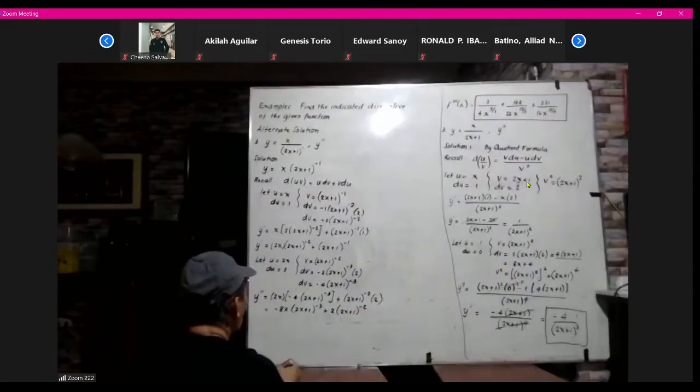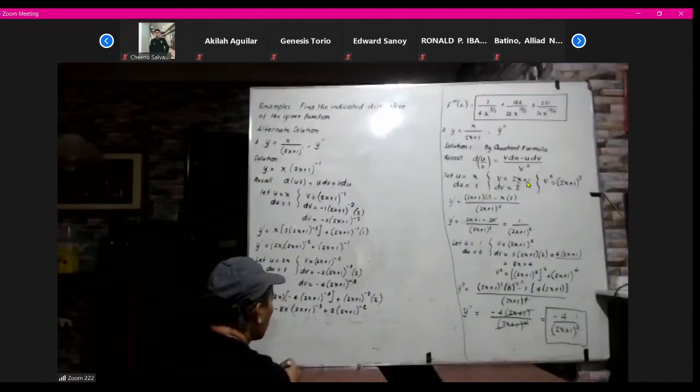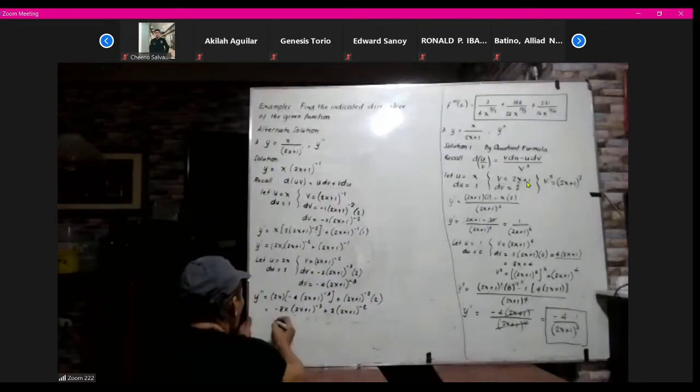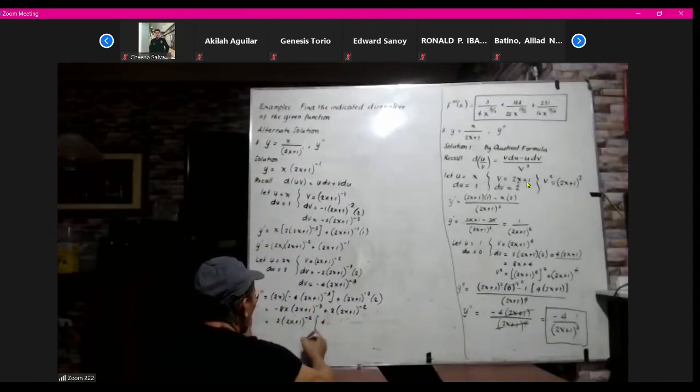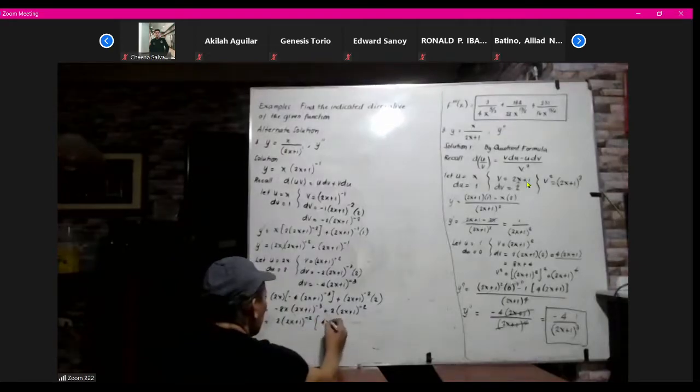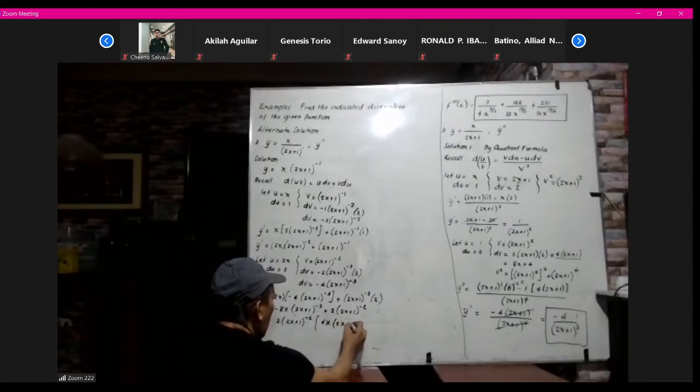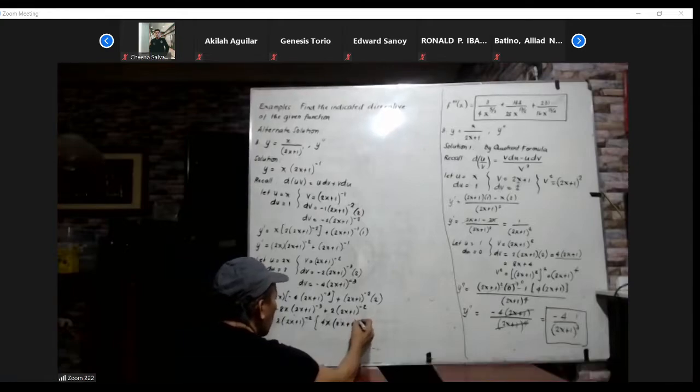Okay. So, ang gagawin natin, i-factor natin. Ito, that is equal to 2 times 2x plus 1 raised to negative 2 multiplied now by negative 4x, plus 2x plus 1 raised to negative 1.